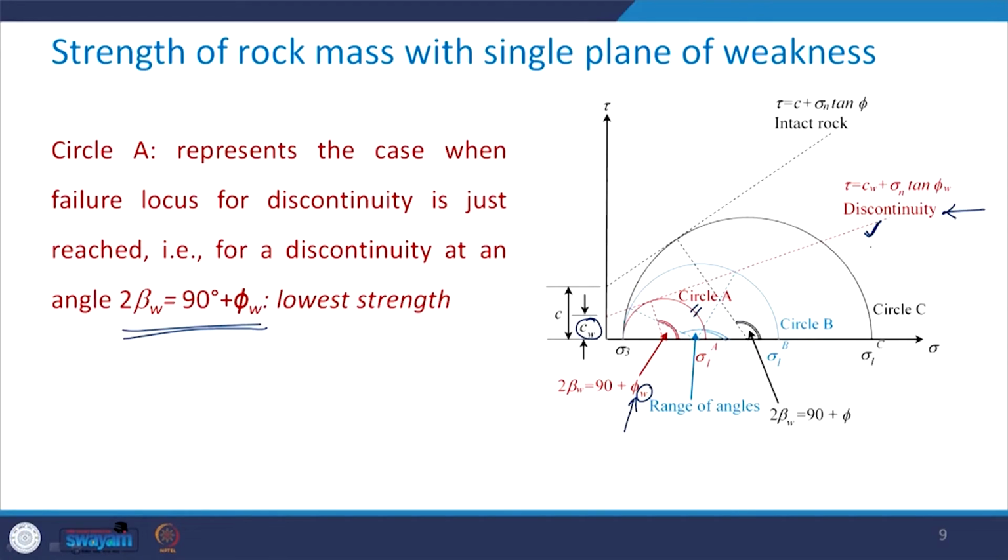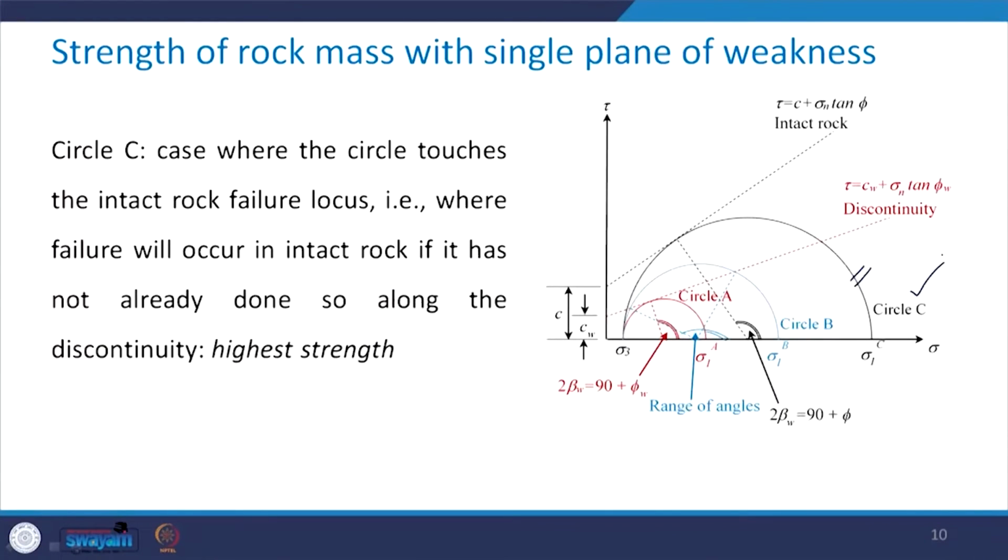Now you can see here that this is a point which is tangent to this equation for the discontinuity, and the angles you can see from this point, if you add it to the center of this circle, this angle would work out to be 2 beta w, which is equal to 90 plus phi w.